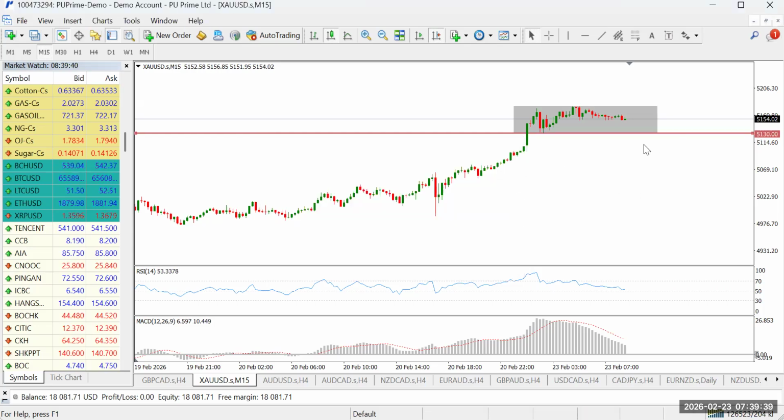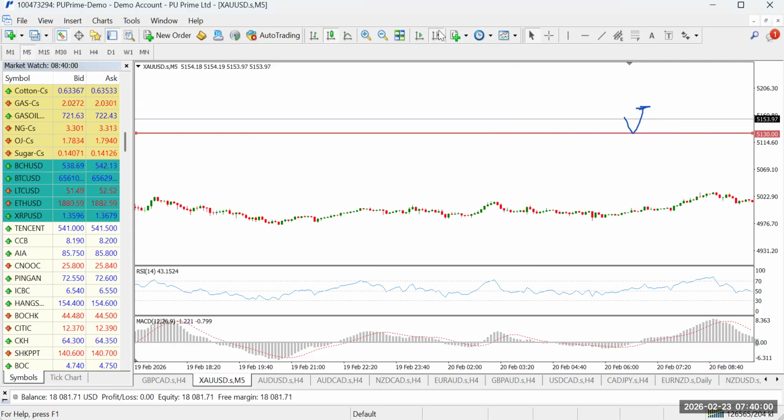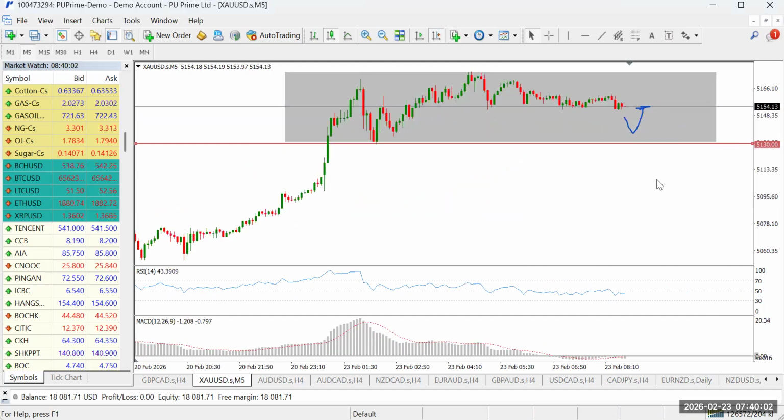Okay. Now 5143, you can see it falls exactly on the support zone which I drew here. So if it drops here and does not break it, then we expect it to at least bounce back to the next resistance level, which is the upper part of this box. If that happens, you may want to come to a lower time frame like 5 minutes to look out for an entry for that upside movement.